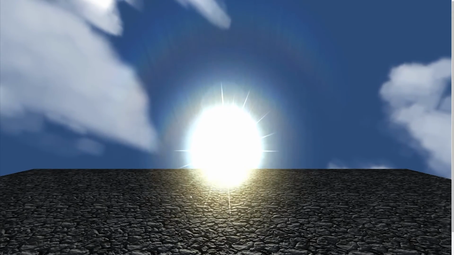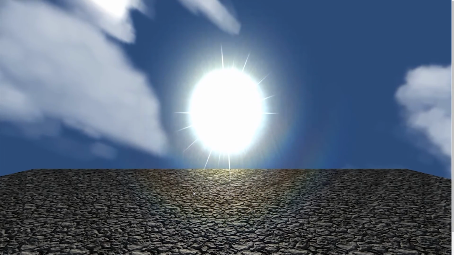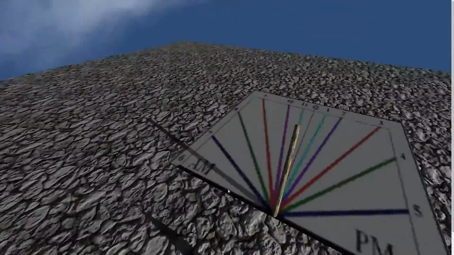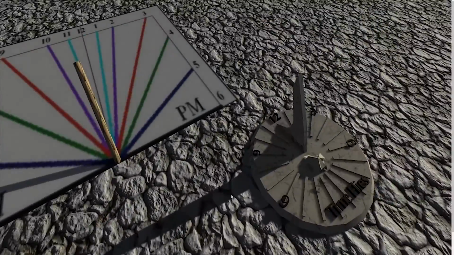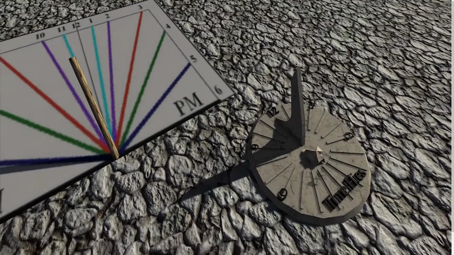Later, the sundial was invented for a better way of telling time. A sundial is an instrument showing the time of the day by the shadow of a pointer cast by the sun onto a plate marked with the hours of the day.